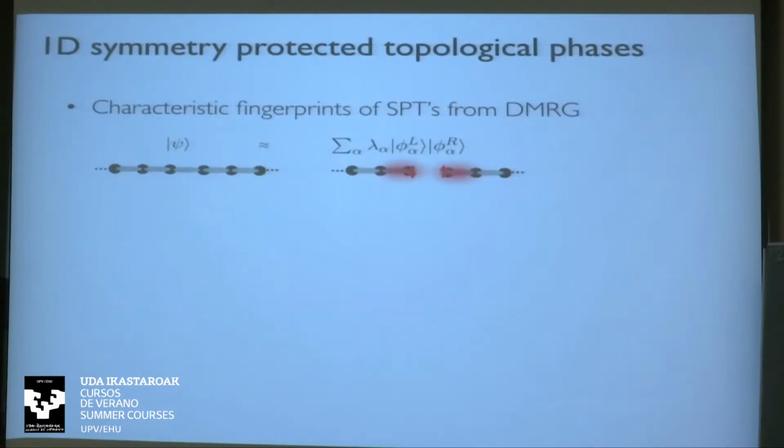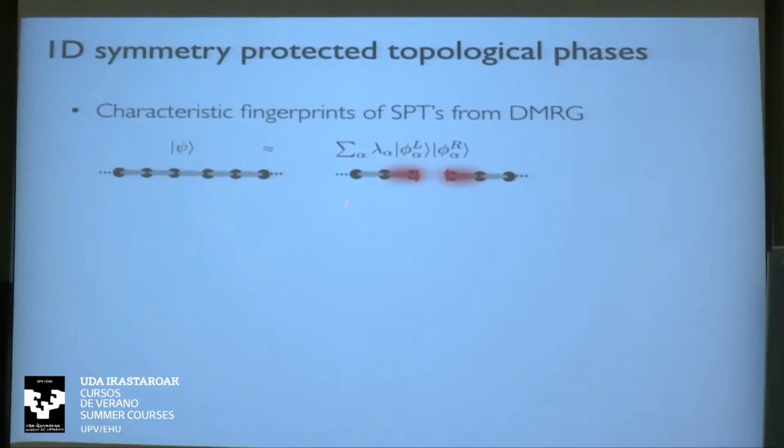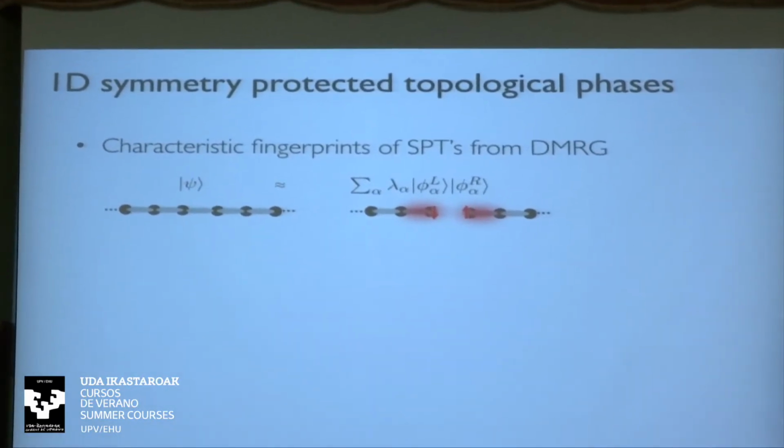But the question is how to extract these kinds of representations. In fact, the information about what kind of projective representations we have is directly encoded in the Schmidt decomposition once again. Let us say that we have found the ground state for an infinite system.